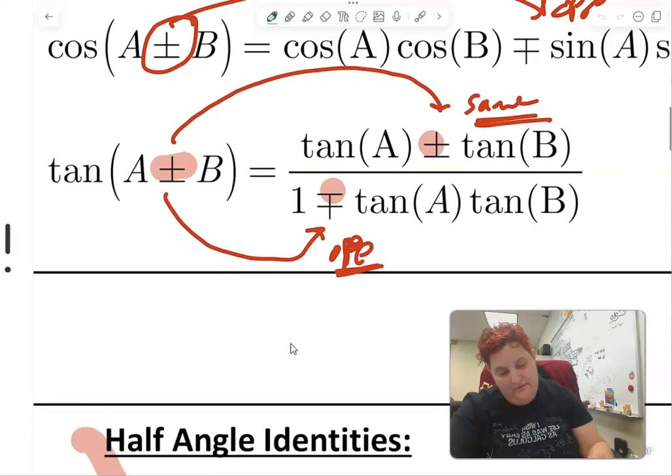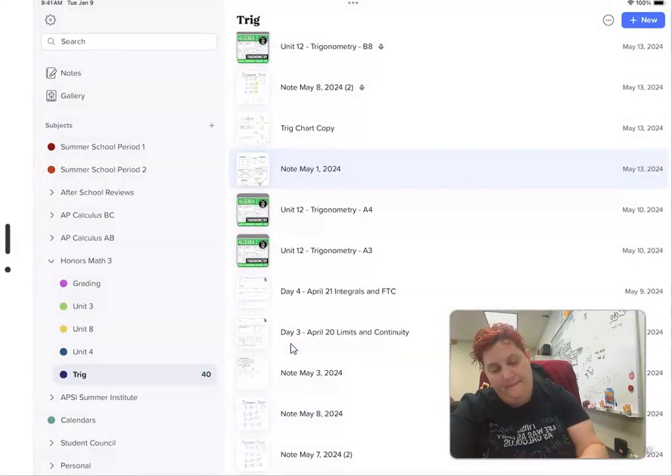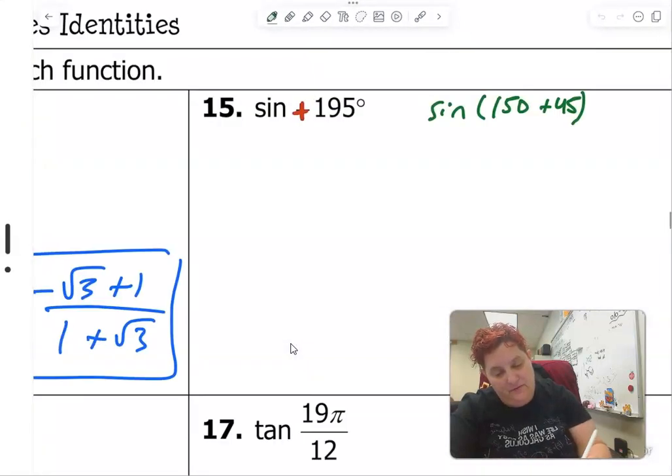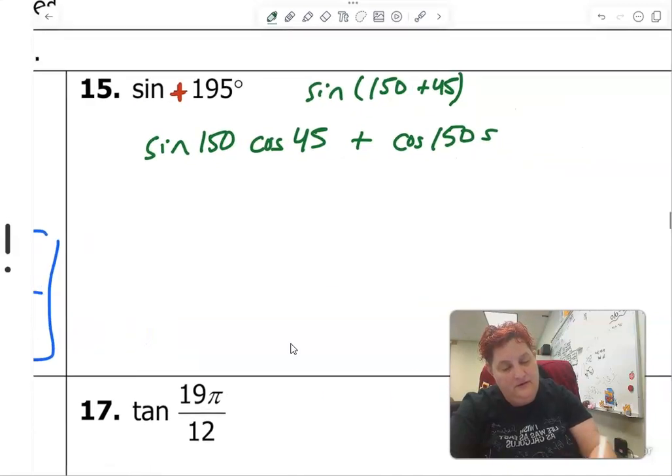There it is. It goes sine, cosine, same, cosine, sine. Okay? So it's going to go sine, cosine, same, cosine, sine.